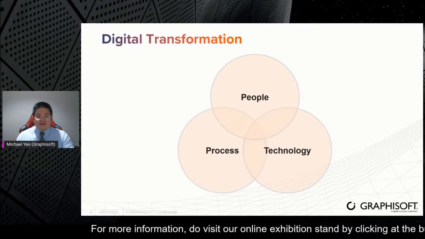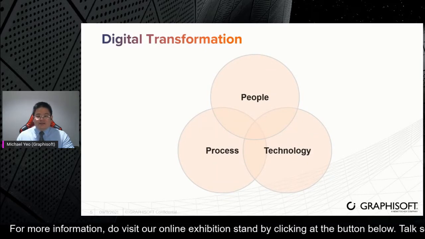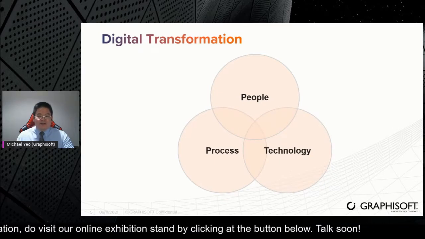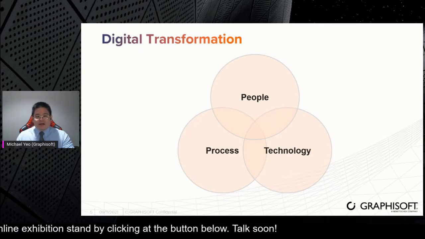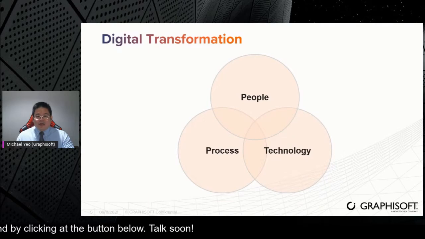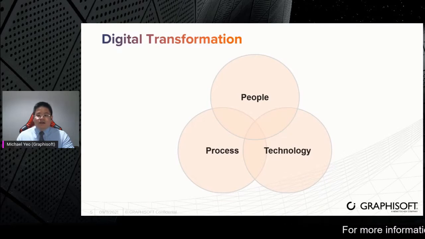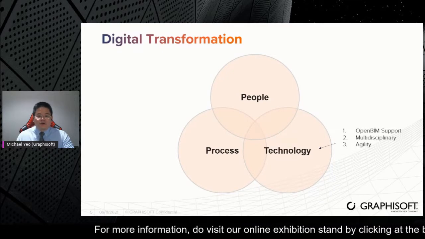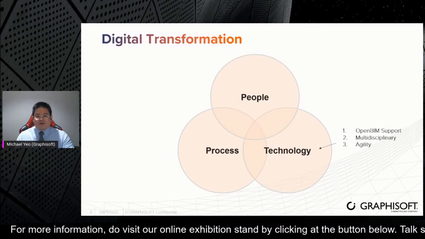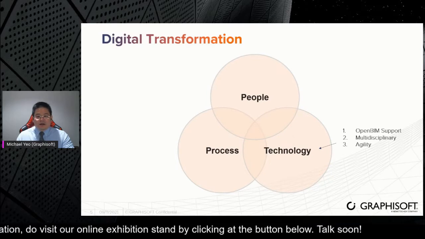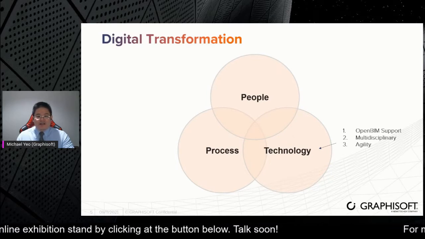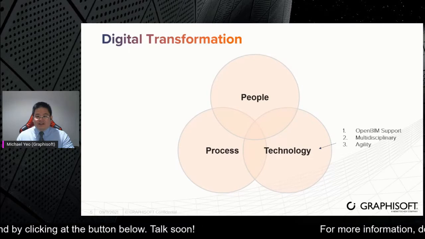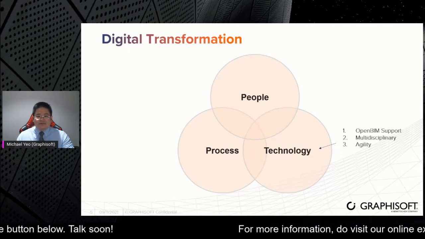Here are the three important key aspects that we need to evaluate when acquiring a BIM solution. We are expecting a platform that is able to pull people, process, and technology into one single place. We are expecting a technology with Open BIM support, a platform for multidisciplinary work, and a platform that gives you agility to work with others.